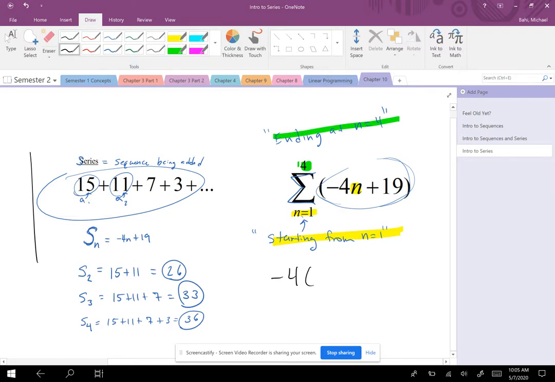So starting from n equals 1, we have -4 times 1 plus 19. Again, that's our starting number, and that is going to be 15, which is what our first number of the pattern was.